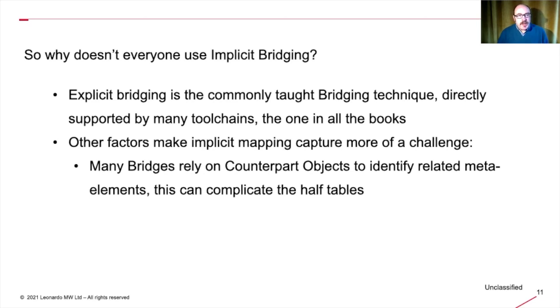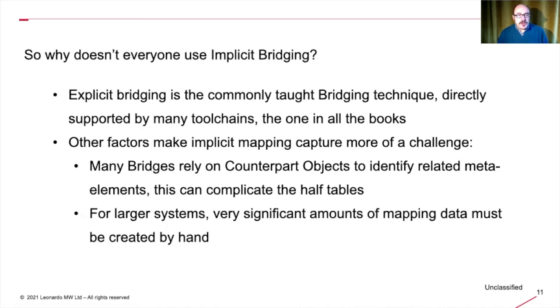And that can make the half tables difficult to manage. And finally, the one we just met, which is that for larger systems, sometimes you've got an enormous amount of mapping data that has to be created by hand, and putting it into a half table is fault-prone. It's easy to create faults because you don't detect that you've got a problem until you actually run the code generation step to try and stitch everything together with generated code.